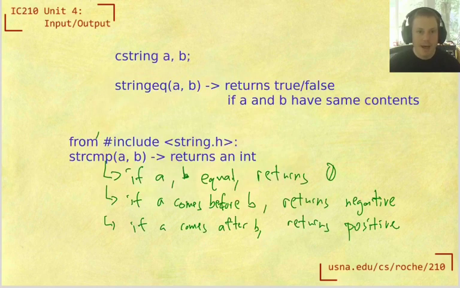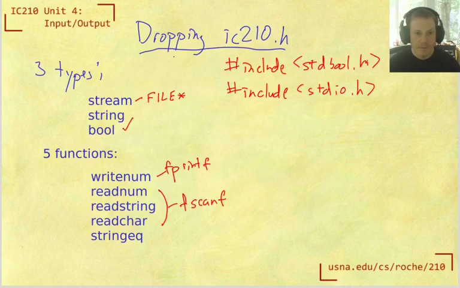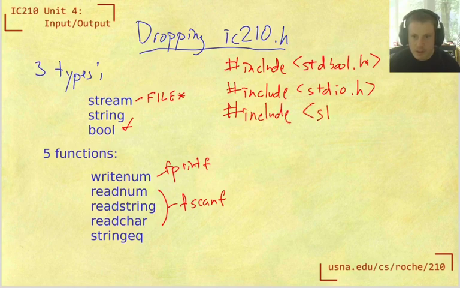Okay, so going back to what we started with here, what else do we need? In general, we also need to include string.h. And then for the C string type, I should have written C string here.